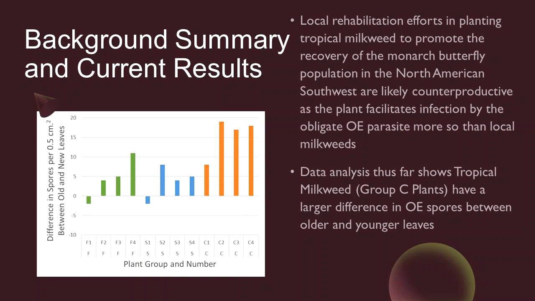However, you do see that there is a larger difference in general between the older leaves and the newer leaves of curassavica, rather than the two native species here shown in green and blue.